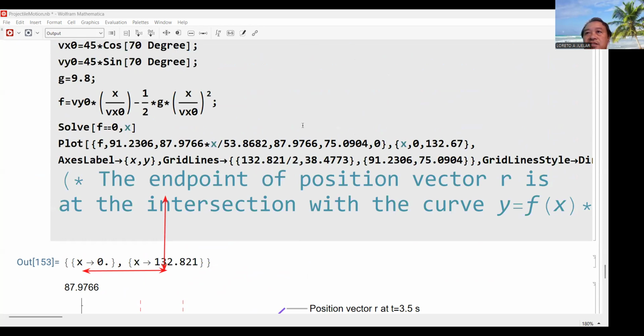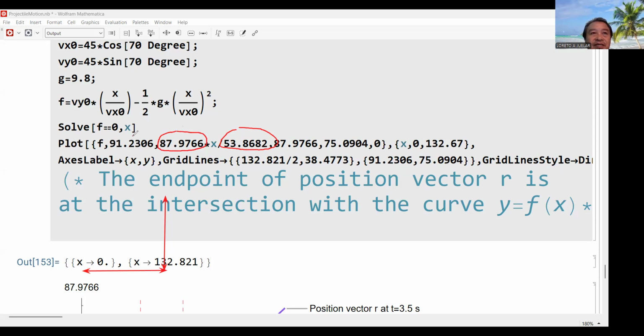This is the x component of the position vector after a time of 3.5 seconds. Now this is the displacement of the position vector after a time of 3.5 seconds.